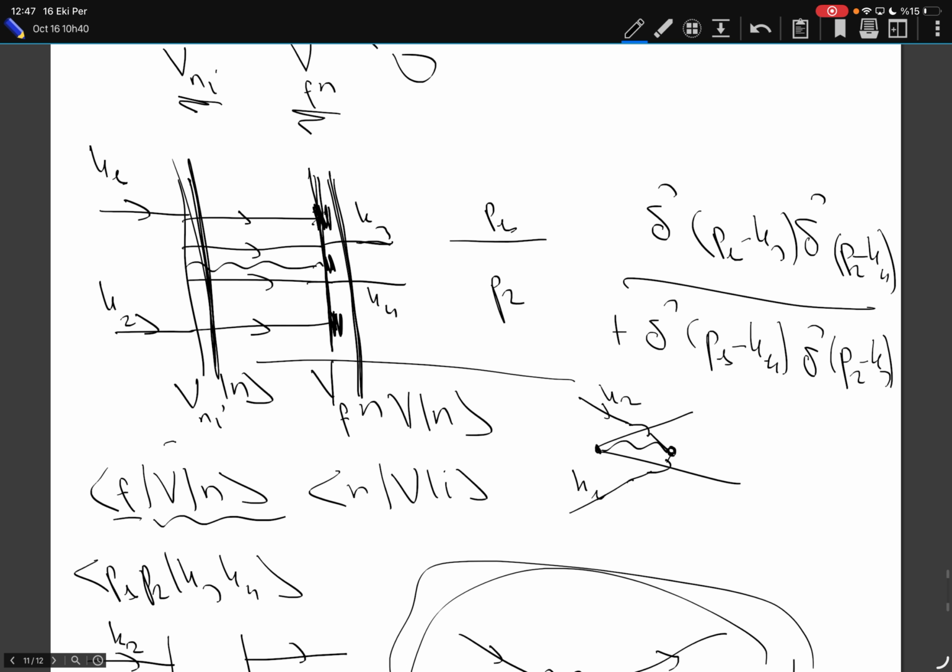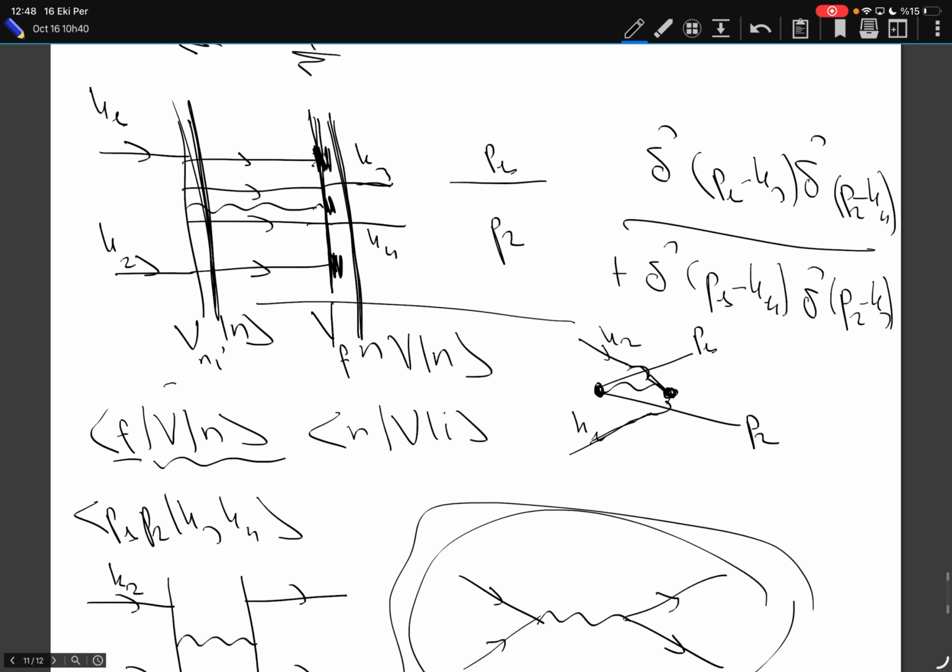It is this diagram. K1 and K2 will be destroyed at the second vertex here, and K3 and K4 will be created at this vertex. And so here you have P1, here you have P2.